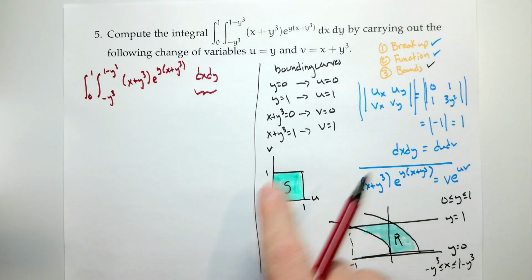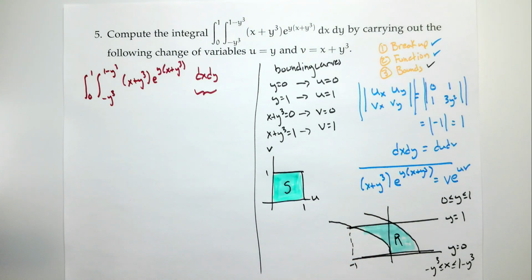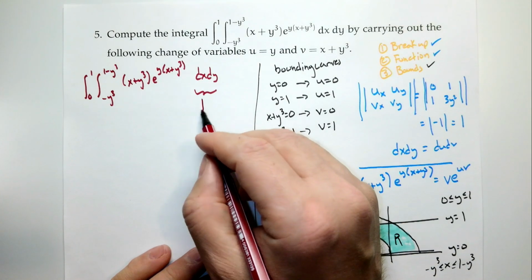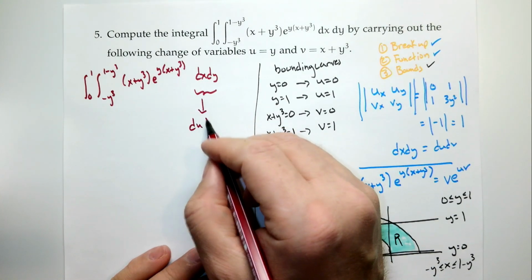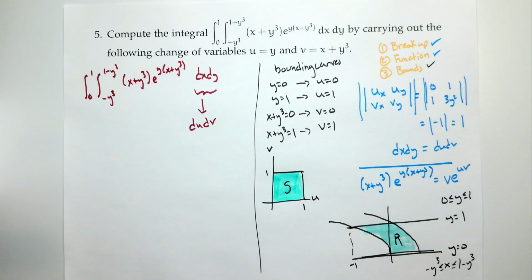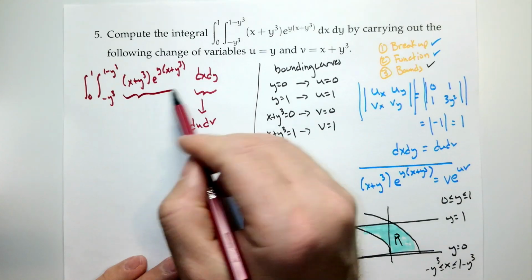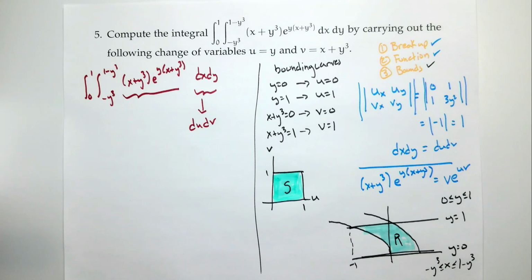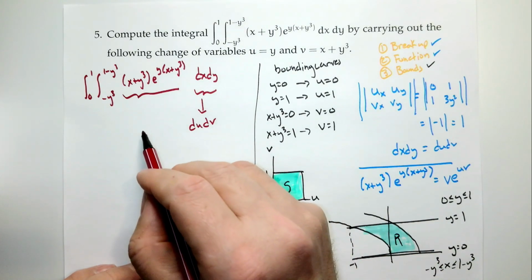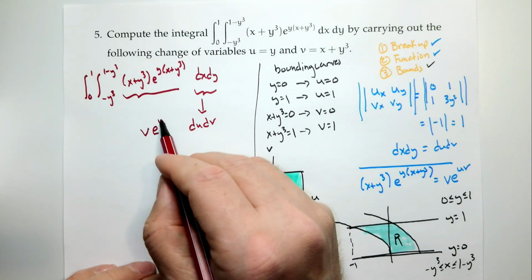Based on our shape, it doesn't seem to matter whether we do du dv or dv du. So for right now, let's just start with du dv, and if we change our mind, we can change our mind. That's okay. x plus y cubed, e to the y times x plus y cubed, well, that becomes v e to the uv.